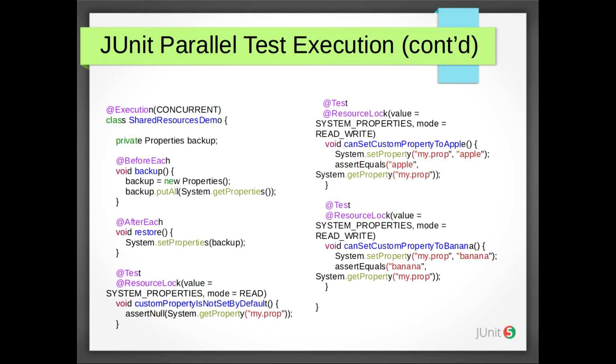So whereby the custom property is not set by default, would read it and would get some gibberish to the user, or rather to the JUnit runtime. So having said that, having illustrated the utility of the resource lock annotation, let us proceed to the next slide.